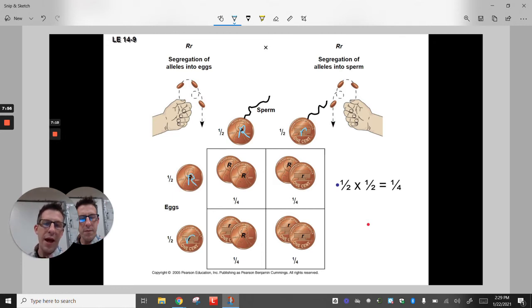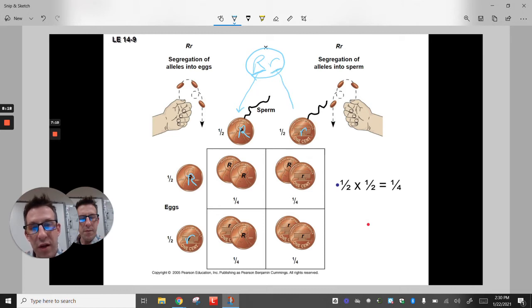Now, when those particular plants, the mother and the father, go to make their gametes, the sperm and the egg, if they are this in their normal diploid cells, what's going to happen is that these versions of the alleles are going to segregate.